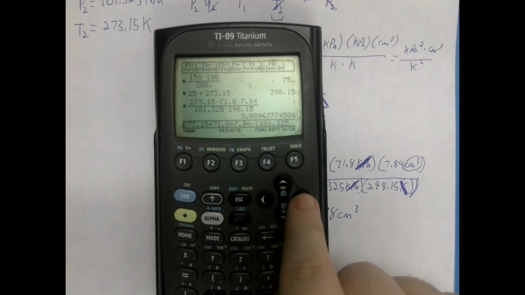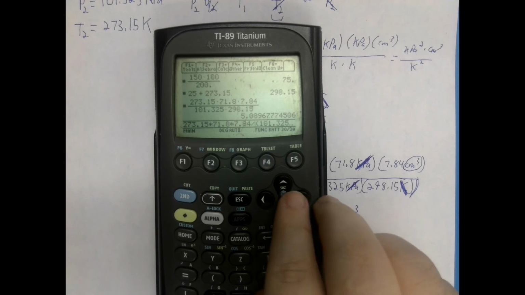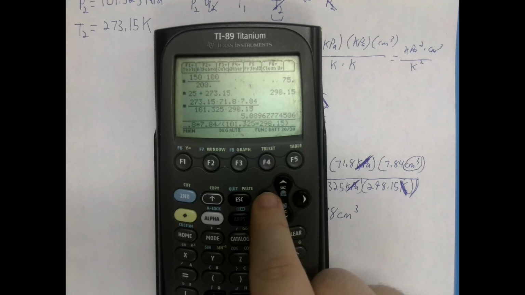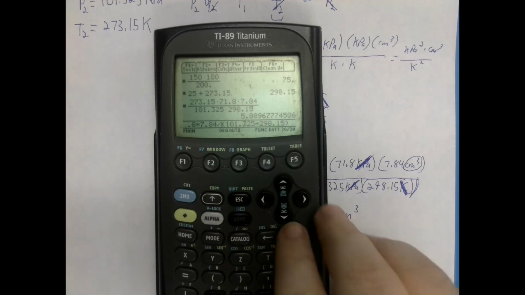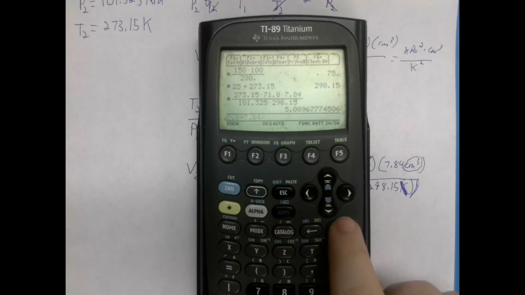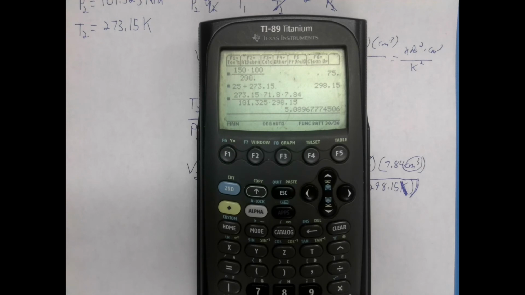If we look, I did 273 times 71.8 times 7.84, and then I did division, and in the denominator, I put the entire denominator in parentheses. So make sure that your entire denominator is in parentheses. Alternatively, this is why I like using the grid.